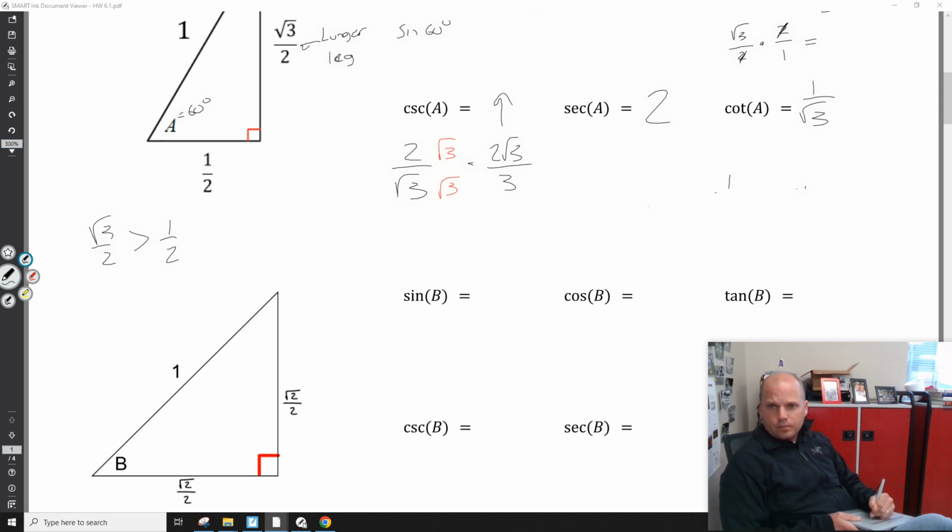Again, it's harder to take 1 and divide it by root 3, but it's easier to take root 3, and divide it by 3. That's a lot easier to do. So we would take 1 over root 3 and multiply it by root 3 over root 3, which turns into root 3 over 3.